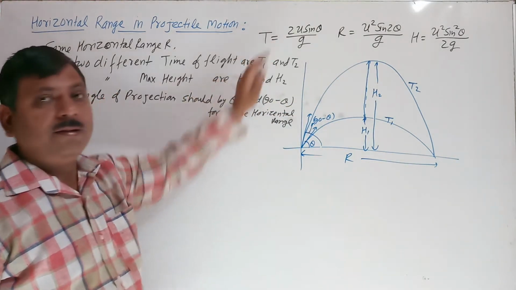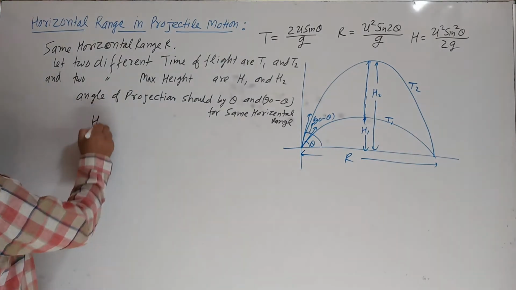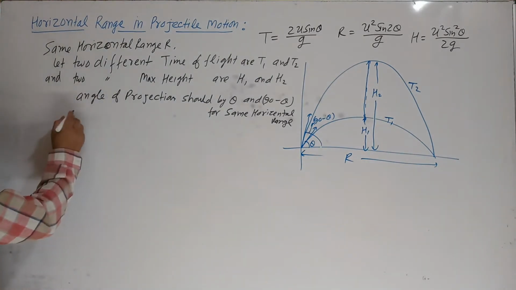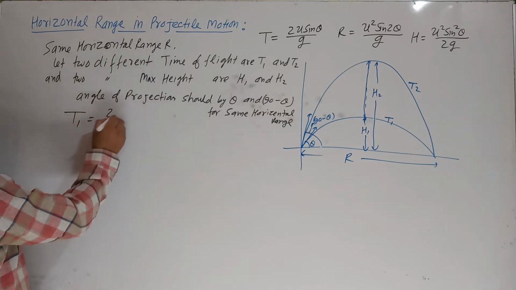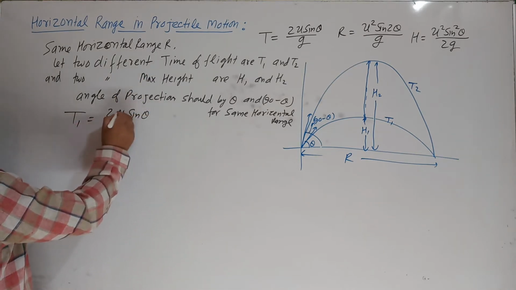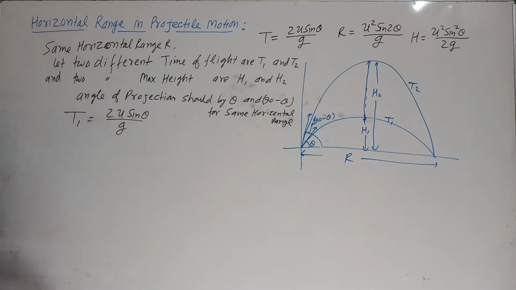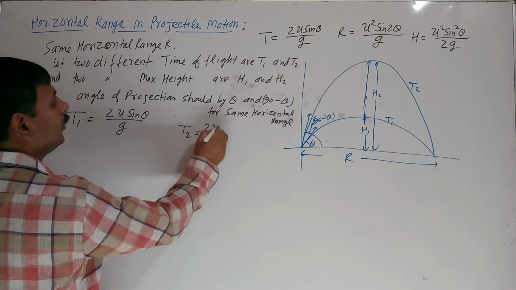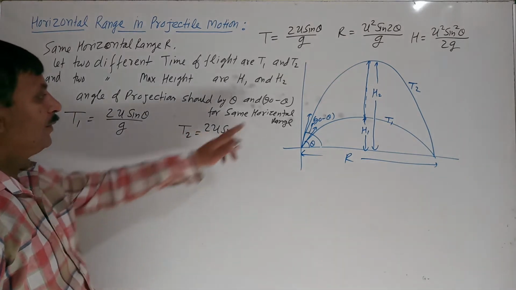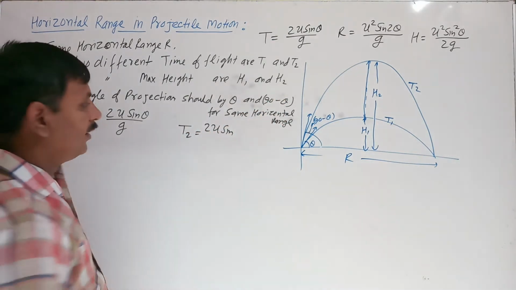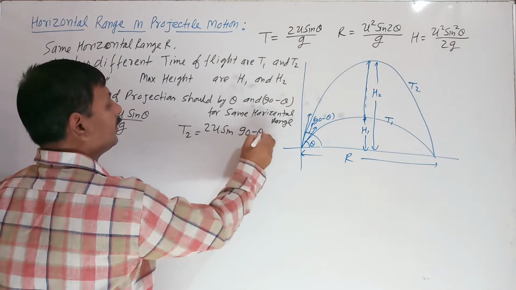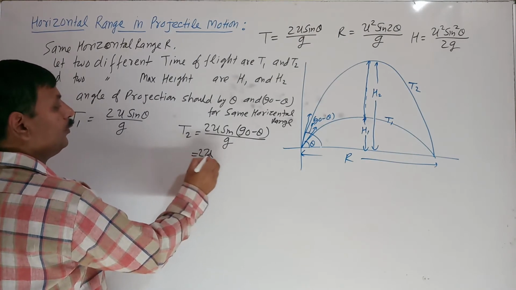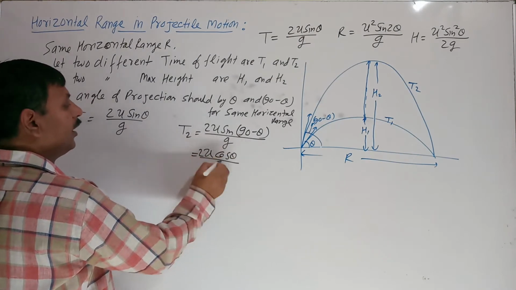What will be the T1 for the first? T1 is equal to 2u sin theta upon g. For the second one, T2 is 2u sin of 90 minus theta upon g, or you can say 2u cos theta upon g.